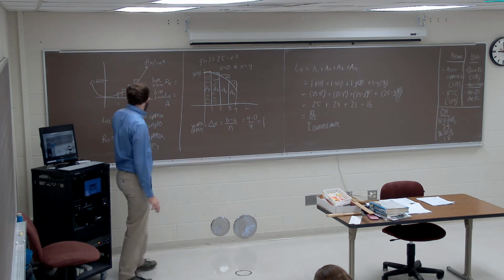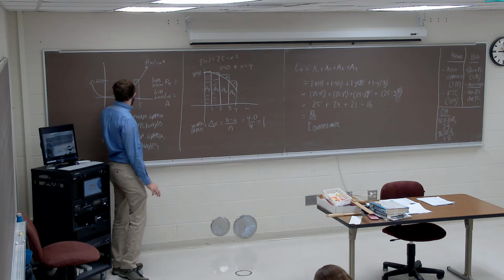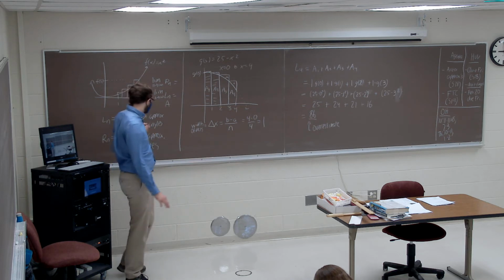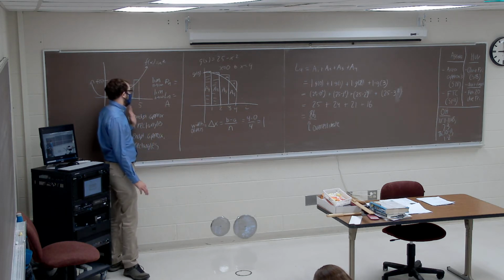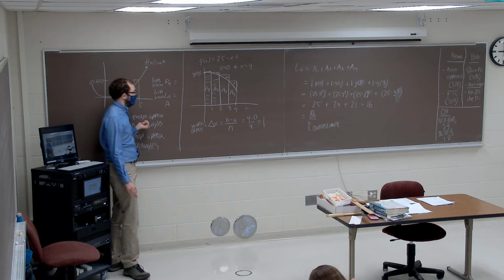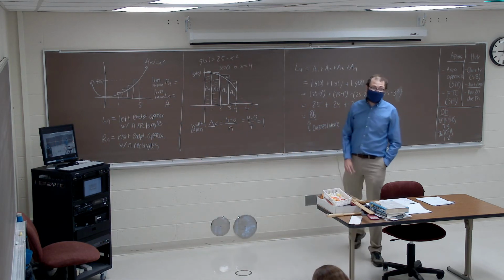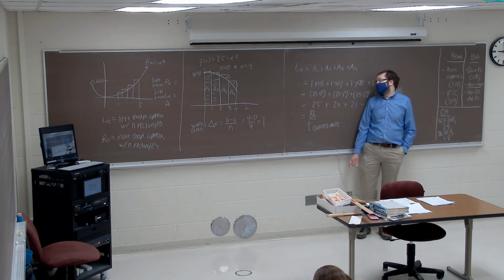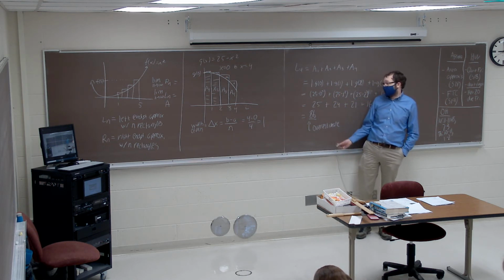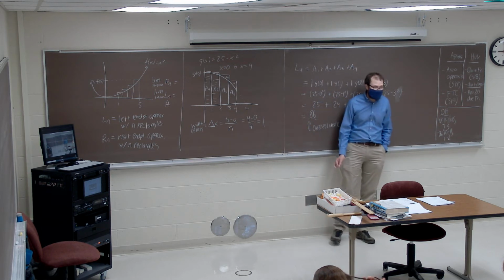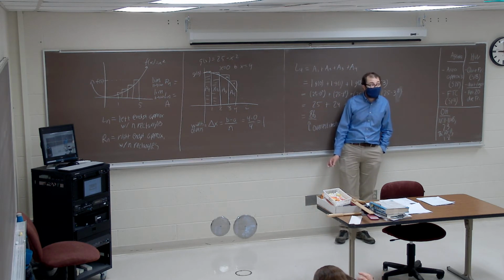So in yesterday's example with x squared, we had a function where our left endpoint approximation gave us an underestimate, and our right endpoint approximation gave us an overestimate. It's going to turn out to be flip-flopped here. L sub n is always going to give us an overestimate, whereas R sub n is always going to give us, spoiler alert, an underestimate.